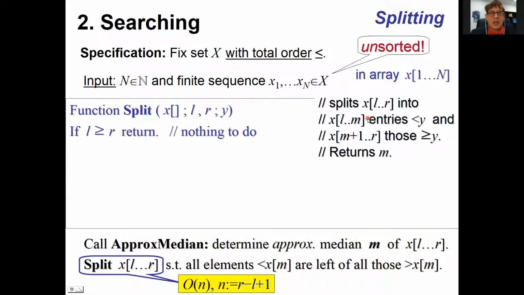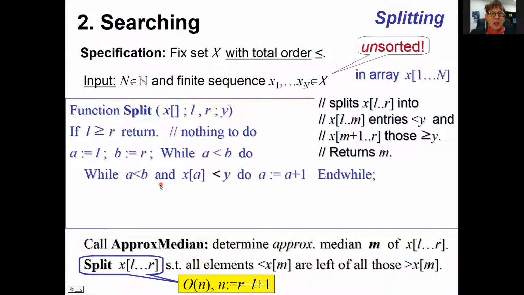And with that specification, it's easy to see how the algorithm proceeds. It takes the left and right part, and while these parts are non-empty, it compares the current element to the y which we're given.